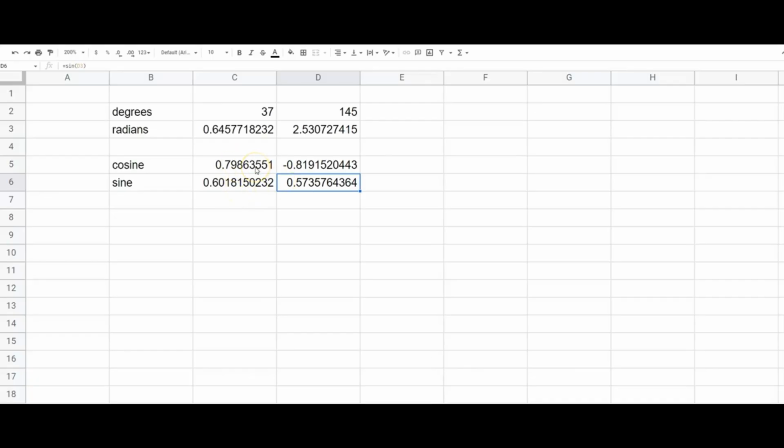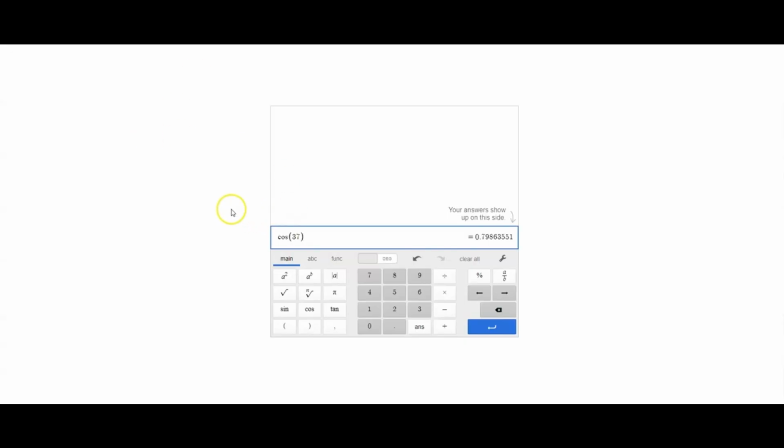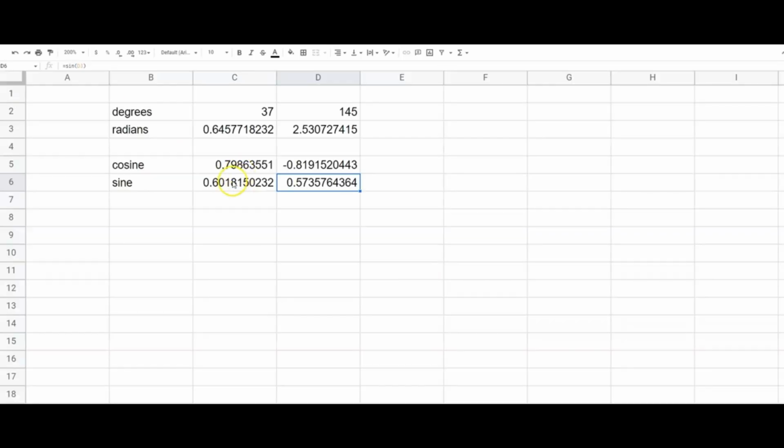I just thought this would be easier for me to copy and paste, but let's go to Desmos, and here I've illustrated that cosine of 37, in degrees, is equal to 0.798635551, and that is the same value here. So it does match up.